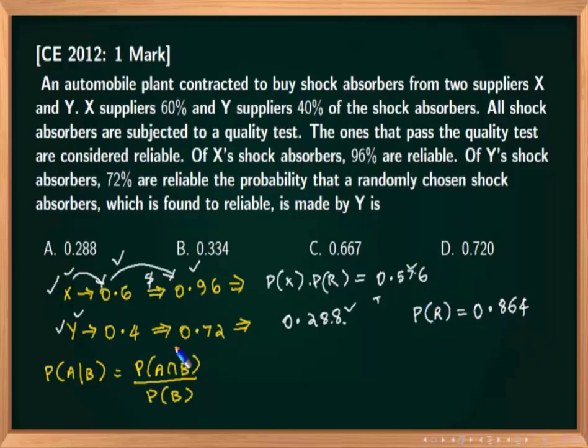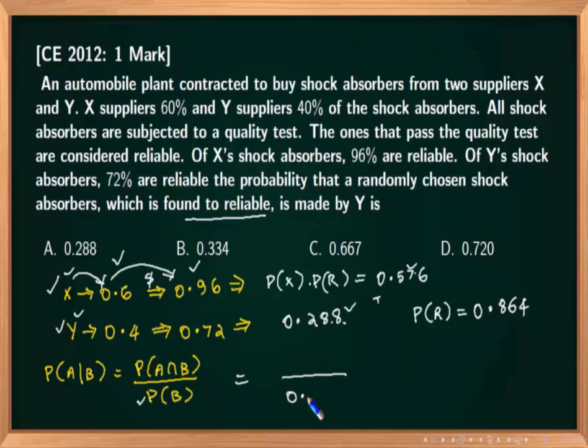Now, I know that P of A given B is P of A intersection B divided by P of B, where P of B is the probability of that condition which is given. So in this case, the given condition is that it is reliable. So in the denominator, I have to write this thing, right?